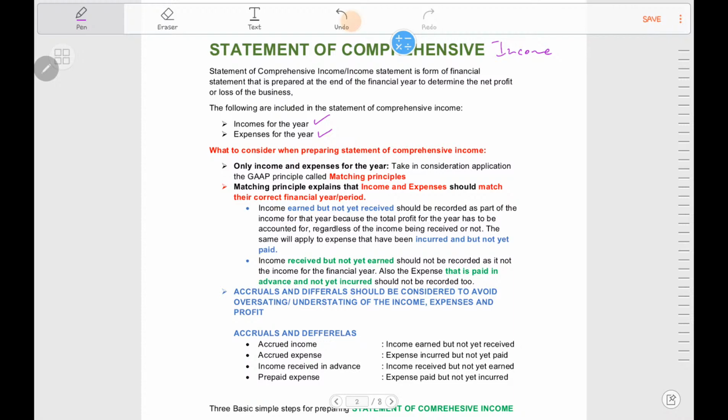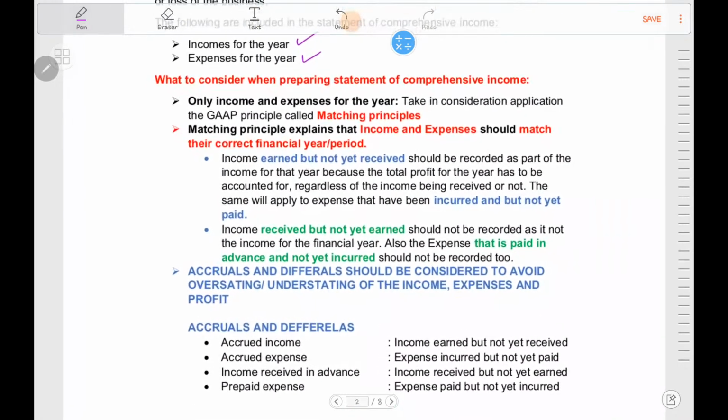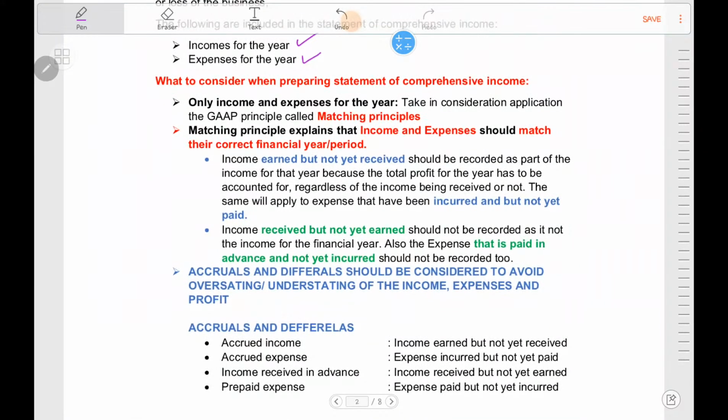Okay, now when you prepare the statement of comprehensive income, it is important that you consider the following. First of all, inside the statement of comprehensive income, we only want the incomes and expenses for that particular financial period, meaning that any income and any expense that is not for that particular financial year, you have to remove it.